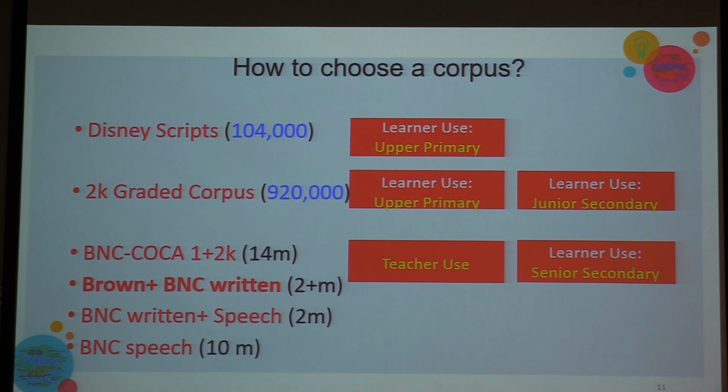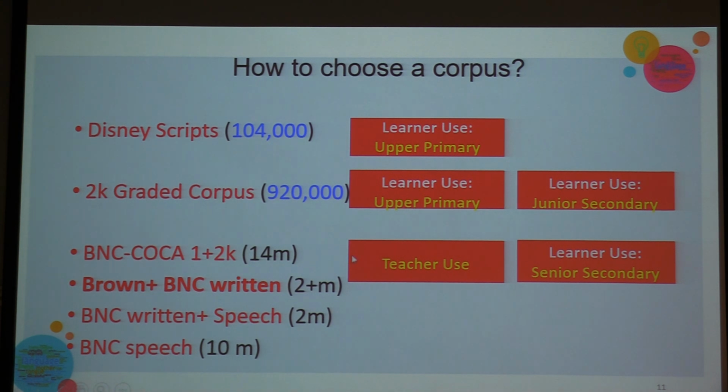It has about 100,000 words, so not big, but still very useful. Or you can use the 2K grid decoders. It contains 920,000 words, still not big. It could be suitable for upper primary school students, and also for junior secondary school students.